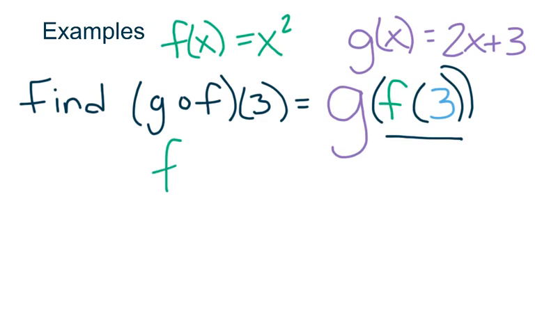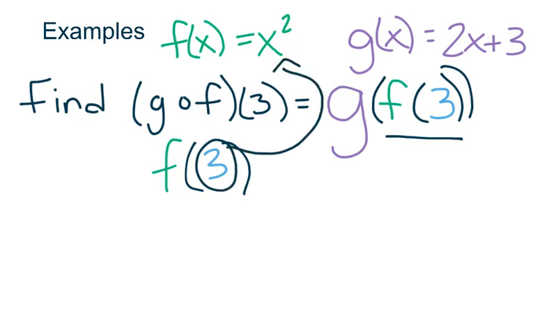I need to find f of 3. So I'm going to take 3 and I'm going to plug it in where I see x in the f equation. So it's going to be 3 squared. 3 squared is 9. Okay, so when I evaluated f of 3, I got 9.